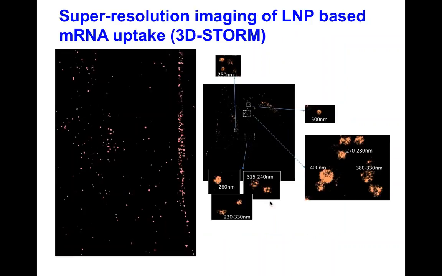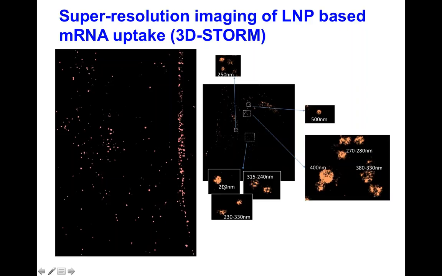So we partnered with Dr. Shaolin Lan's lab, who has built his own 3D super resolution imaging systems that can image the internalization of messenger RNA. And what you see here is that labeled messenger RNA is on the surface of the cell membrane, and some of it reaches inside the cells.